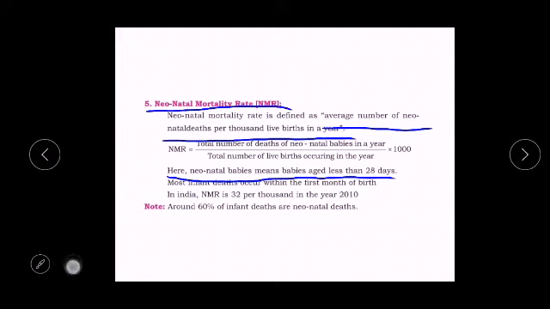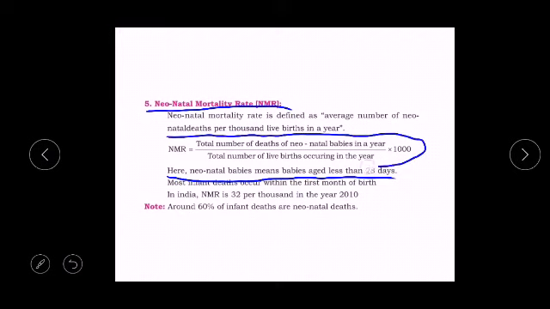Based on this, the formula is total number of deaths of neonatal babies in a year divided by total number of live births occurring in the same year, into 1,000. So per 1,000 live births, how many children are dying within 4 weeks or within 28 days?